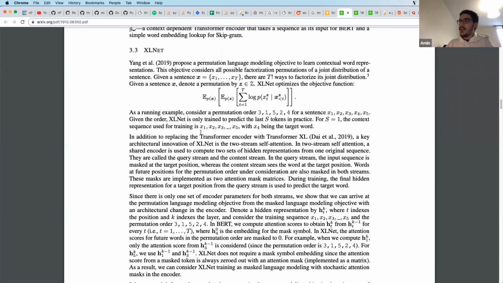So an example here is, if x4 is the target word, then you would apply an attention mask to the x5 token. And so you're only considering the tokens before in the order.